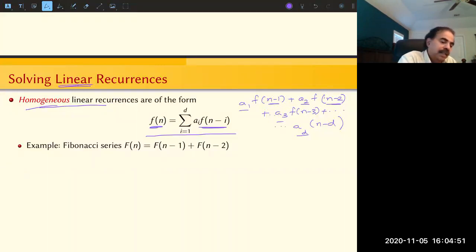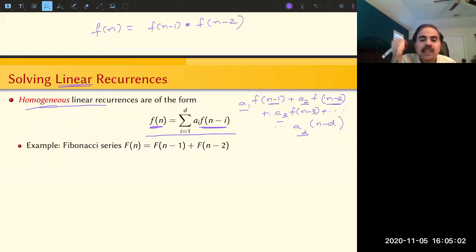It's not like f of n equals f of n minus 1 times f of n minus 2. If I said something like that, then that won't be linear, because all I have is a multiplication by a constant. That's why this is called a linear equation. It's called homogeneous because all the terms here are multiplied by a corresponding constant, right? So the structure is very uniform, and that's the homogeneous part of it.